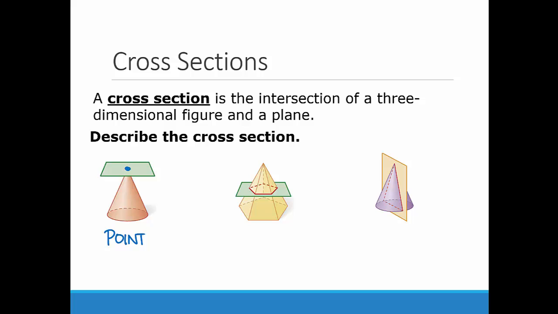Where this, our cross-section of this pentagonal pyramid, is just a pentagon. If we take a cone and you slice it right through there, you end up with a perfect triangle. No part of it is curved. And we're going to do more with this tomorrow and play with some Play-Doh and chop it up and see how we get different cross sections.